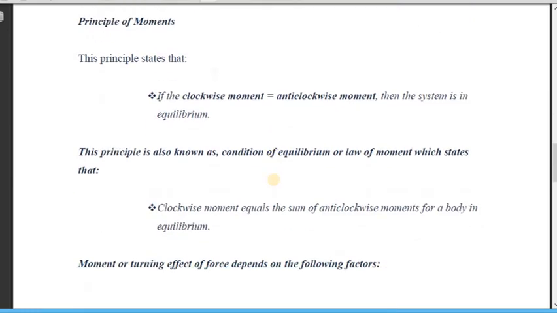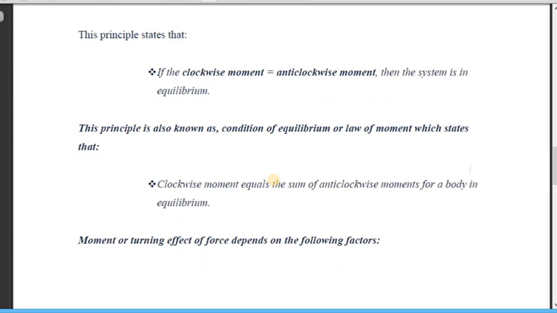So this is what the principle of moments states. If clockwise moments are equal to anti-clockwise moments, then the system is in equilibrium, right? Clockwise moments will be equal to anti-clockwise moments for a body in equilibrium.